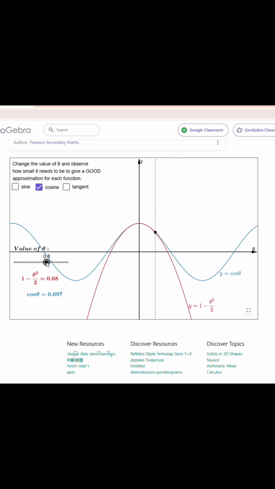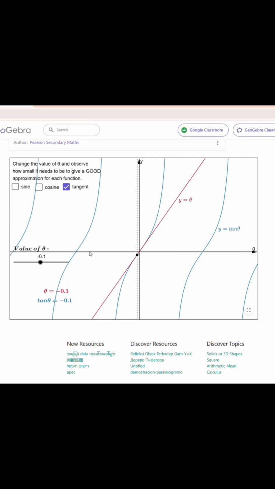But again, for very small values, from theta being about 0.8 all the way through to about minus 0.8, minus 0.9, those graphs are very similar. So we can then say that cos theta is roughly equal to 1 minus theta squared over 2.